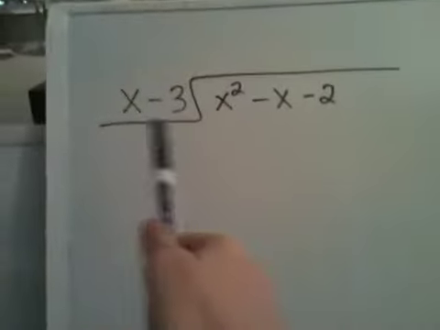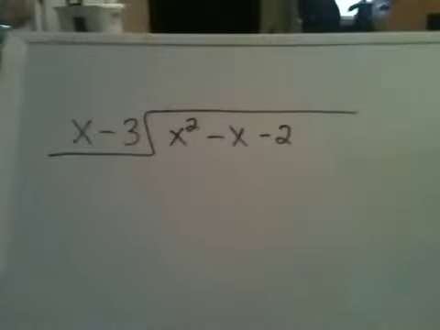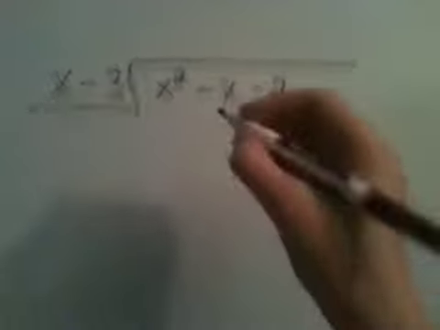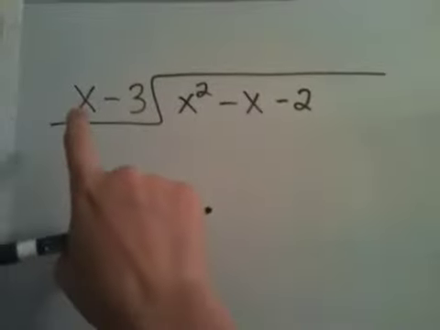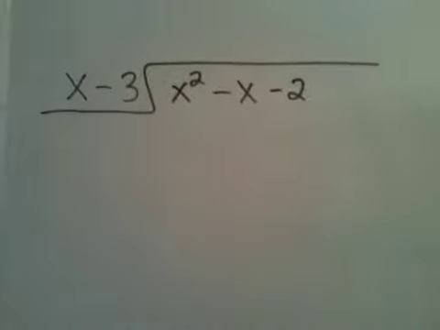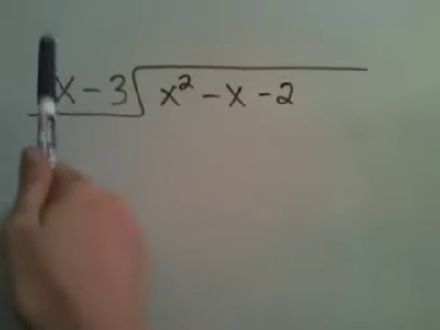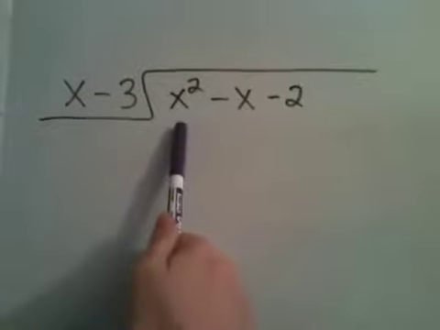Technically, as long as there's nothing in front of my x in what I'm dividing, we could use synthetic division on it and still end up with the same thing. But let's make sure we know how to do long division, because if there's anything in front of x, then it's easier just to do long division. So I'm going to say, what do I multiply x by to get x squared?